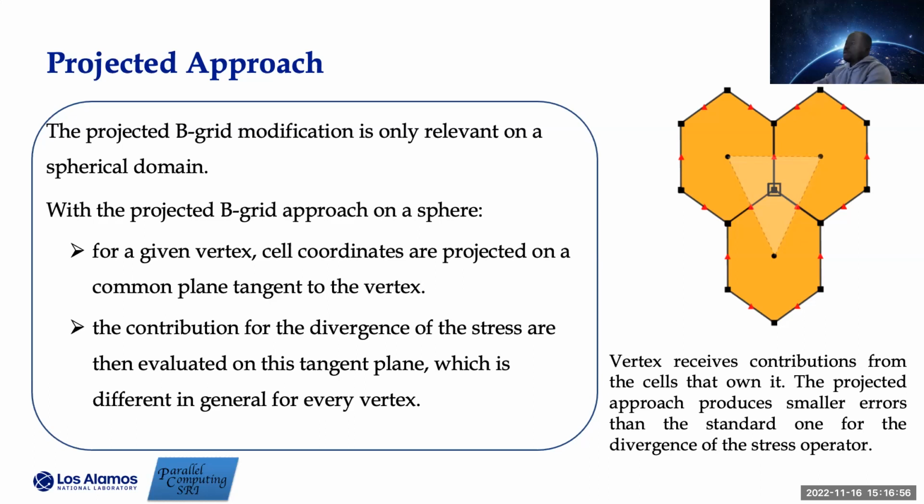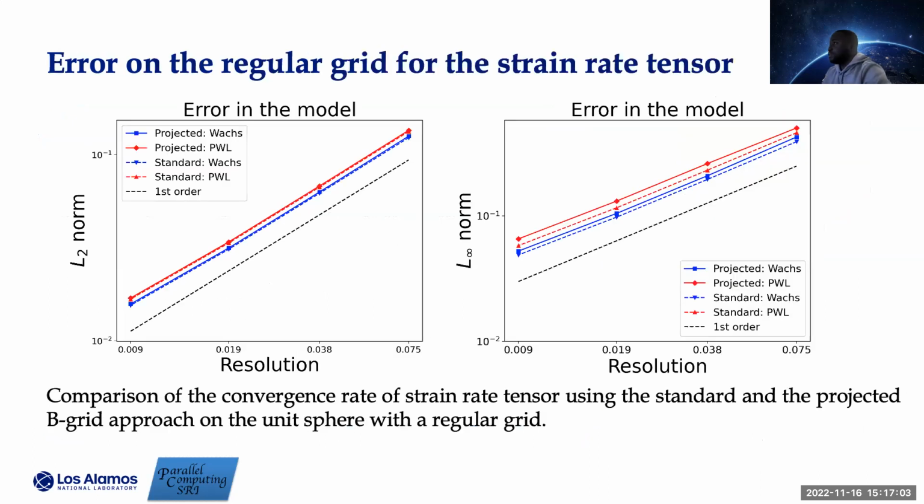So after doing this, we came up with some analysis tests. First of all, by running some test cases for the strain rate tensor, comparing the error between the standard, the existing approach, and what we proposed over the summer. And we can see that there's not much difference between the 2 approaches here.